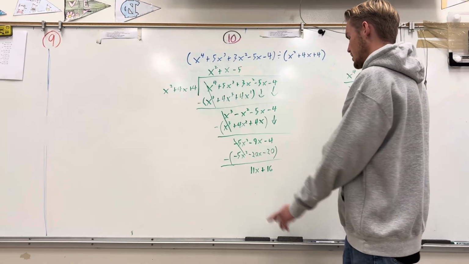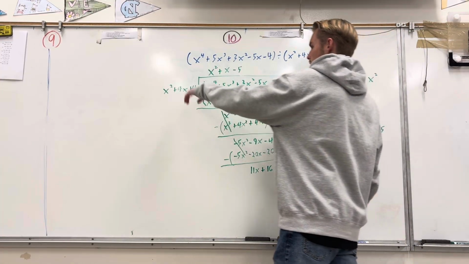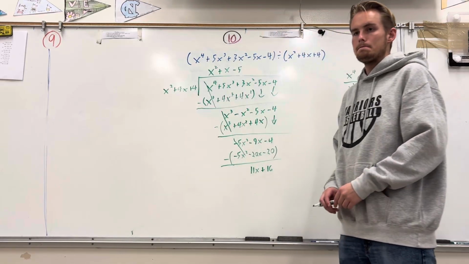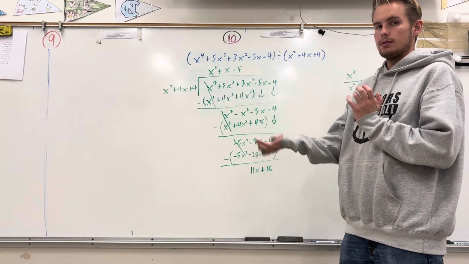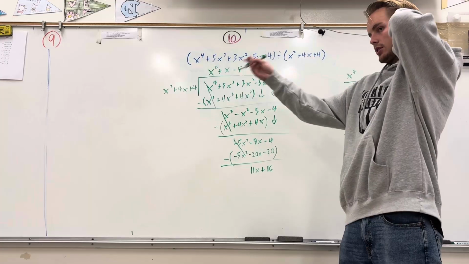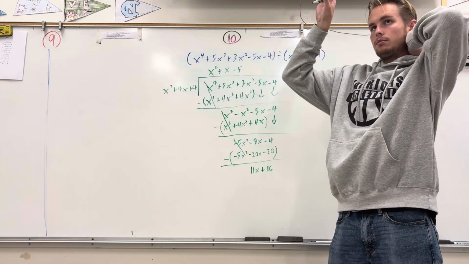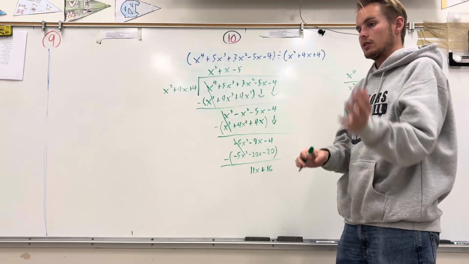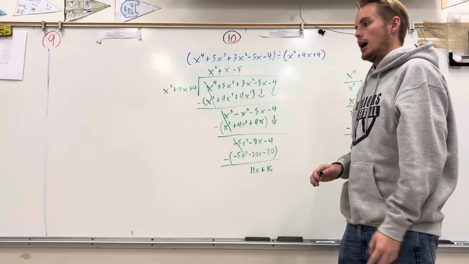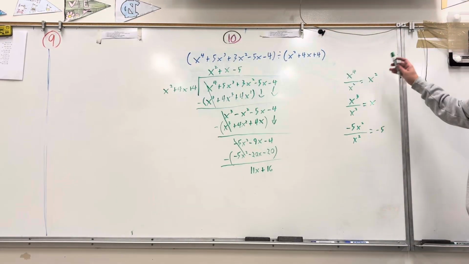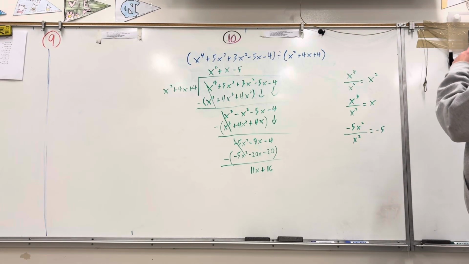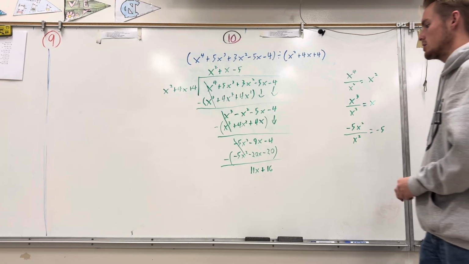Because if we were to try to divide 11x by x squared, what we'd be dividing by has a greater degree, so the denominator would have a greater degree than the numerator. So we can't divide that. We're not going to do this again, because that would give us a negative degree if we use the quotient rule.